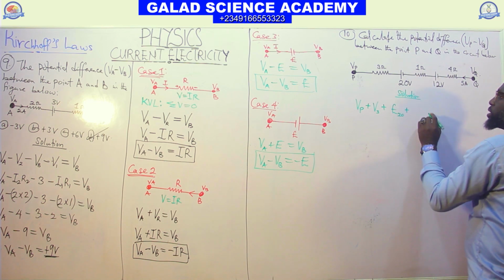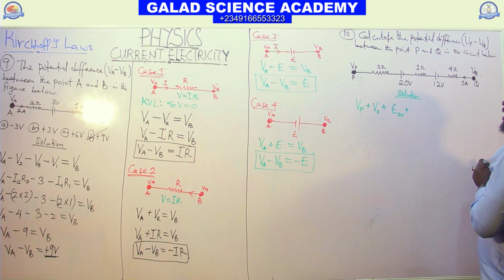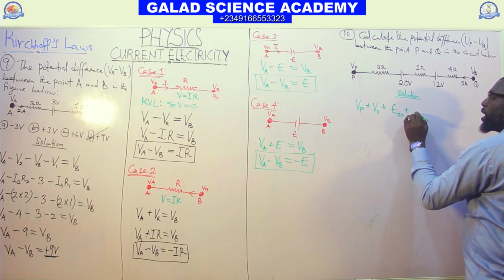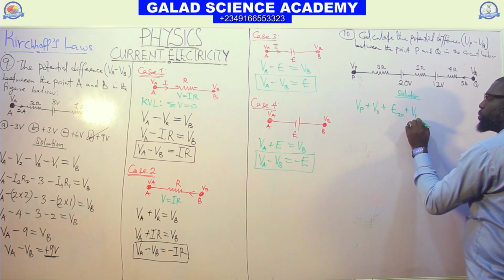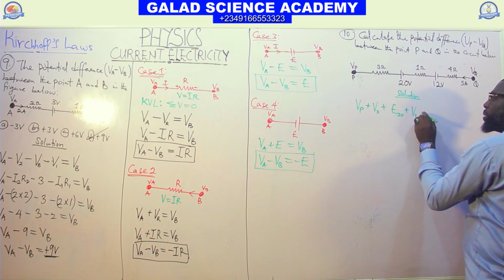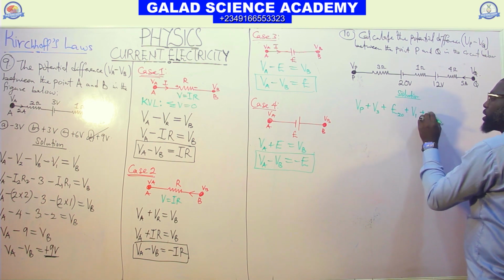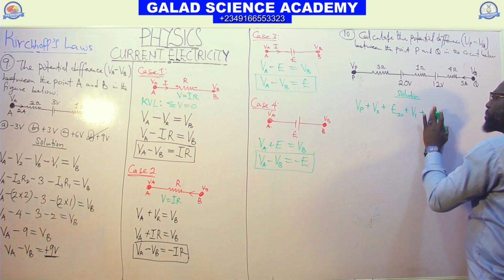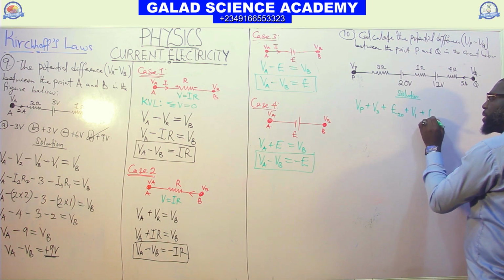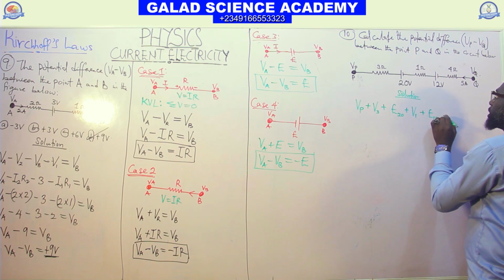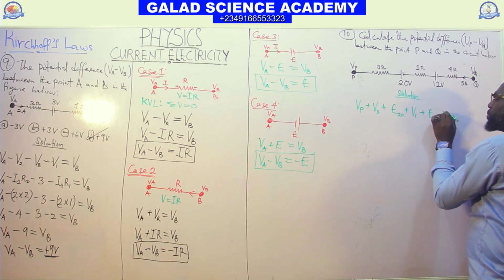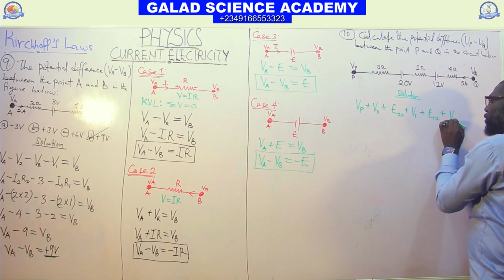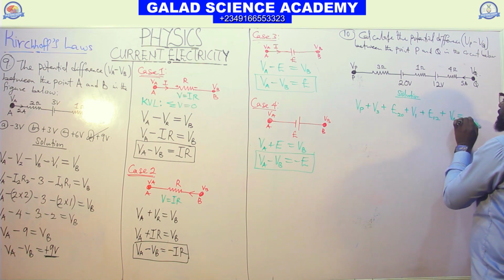Plus what are we going to have there? The voltage for 1 ohm. Then plus 12 volts EMF. Then we have plus the voltage for 4 ohms, everything equal to VQ.